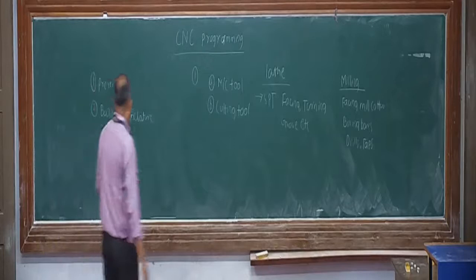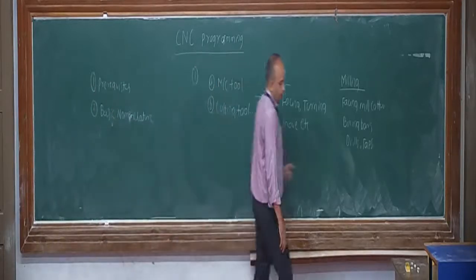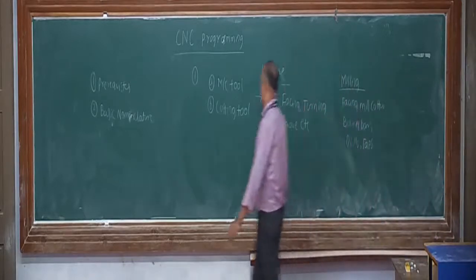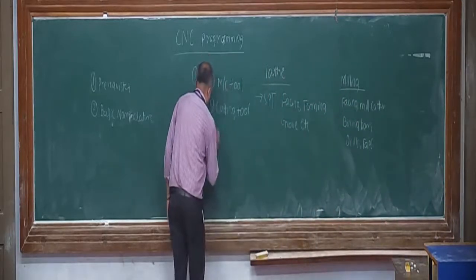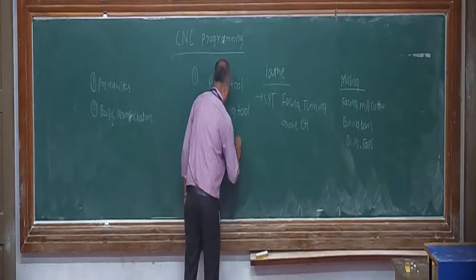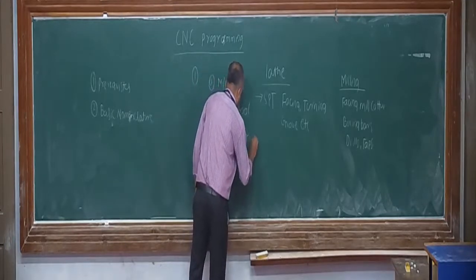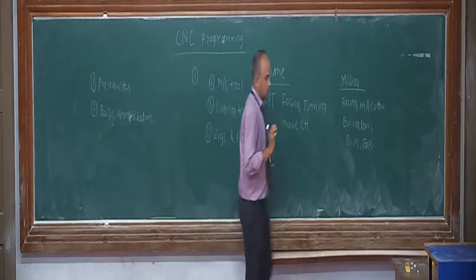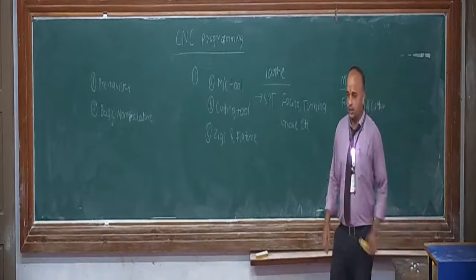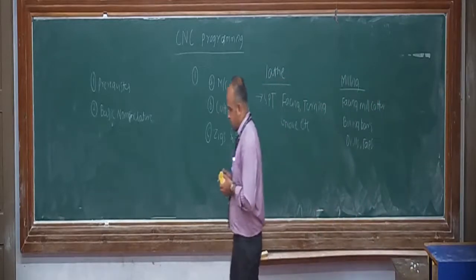Then, having understood the machine tool and cutting tool, the third important thing we need to know is jigs and fixtures. Now, what do you mean by jigs and fixtures? In case of machine operations, we need to understand two things: one is jig and one is fixture.